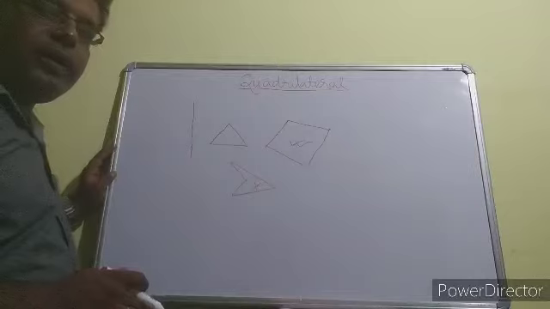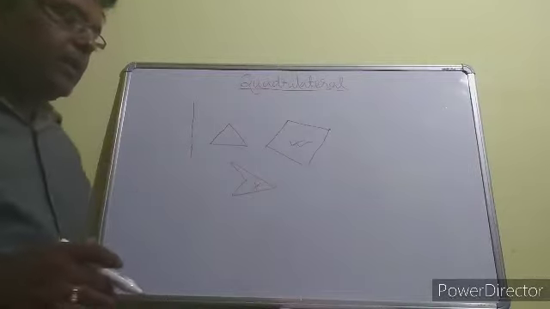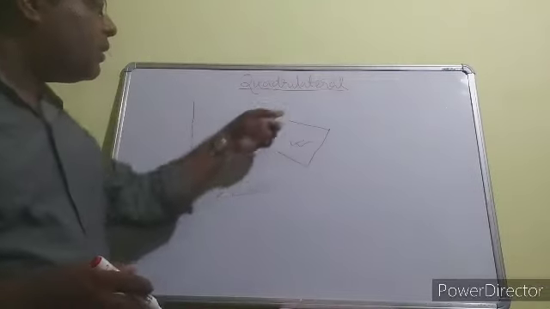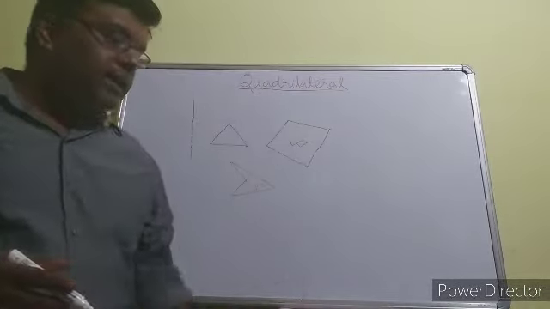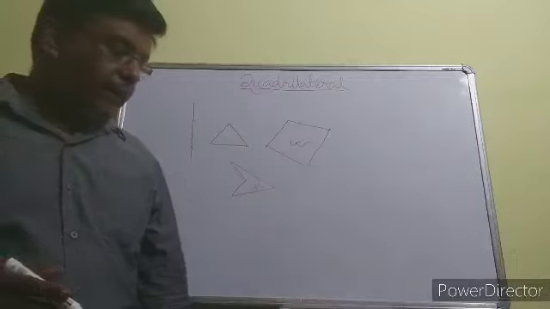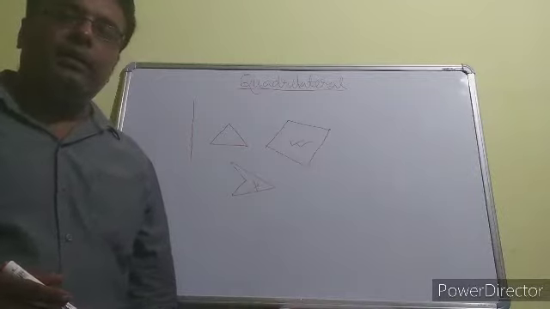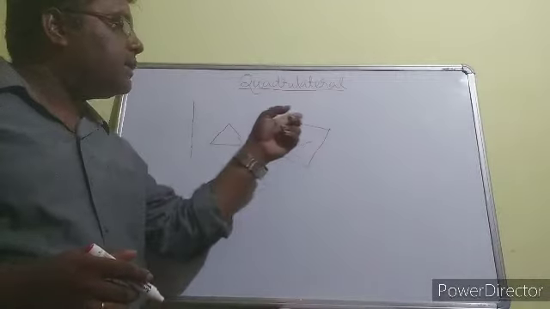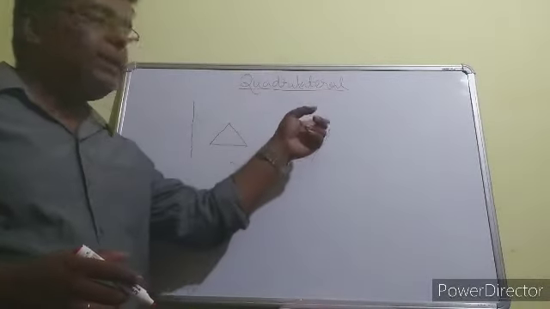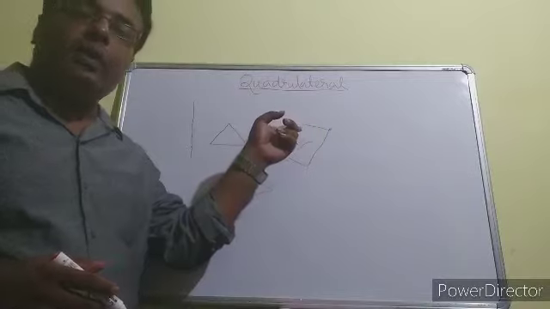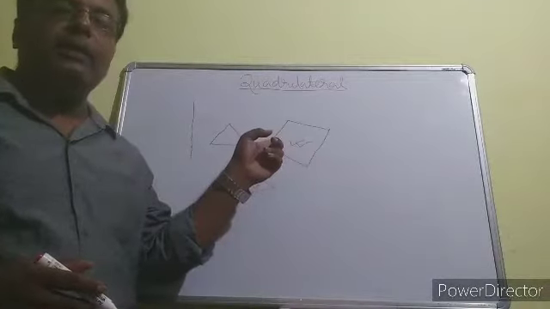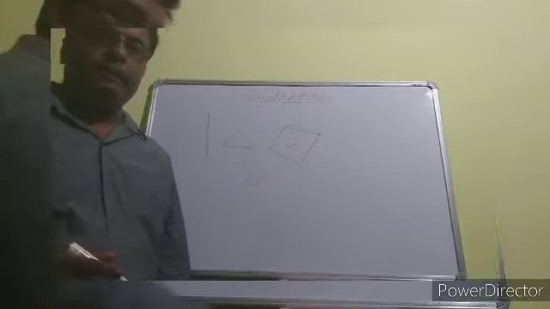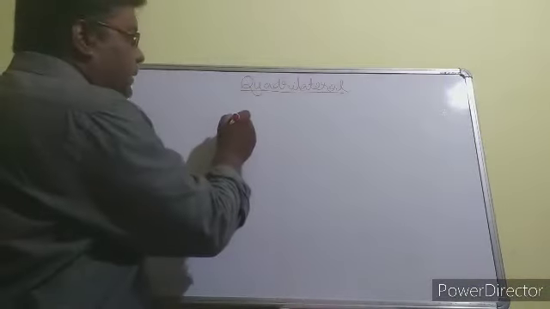So, a quadrilateral is a figure formed by joining 4 points in an order. That means the figure which we get by joining 4 points which are not on the same line, in order, is a quadrilateral. We draw a quadrilateral here.